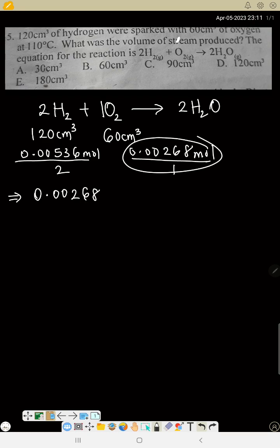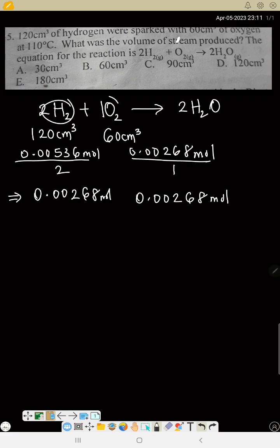Also, this one is 0.00268. So the two give us the same value. That means anyone you use will give you the same results. So hydrogen and oxygen will finish at the same time, and the two will give you the same products.